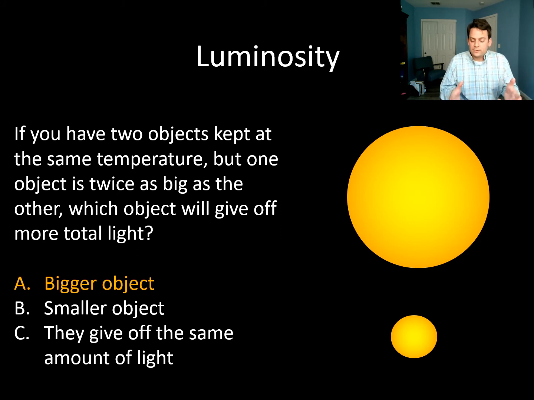Each object gives off a total amount of energy per square meter which is just a function of temperature. So if you tell me the temperature, I can tell you exactly how much radiation per square meter is being given off. But what that means is that if these two objects have the same temperature, and one is larger than the other, then the larger object is going to be radiating more energy into space.